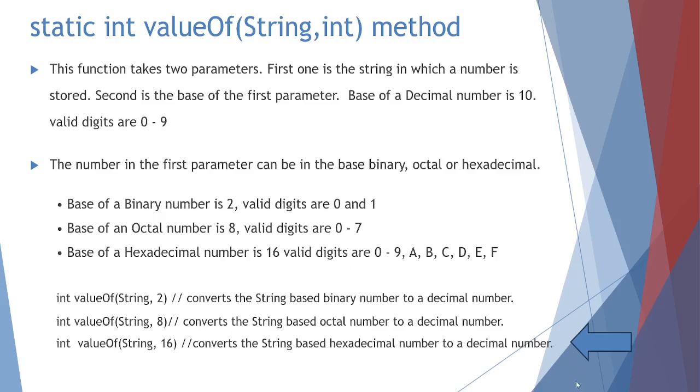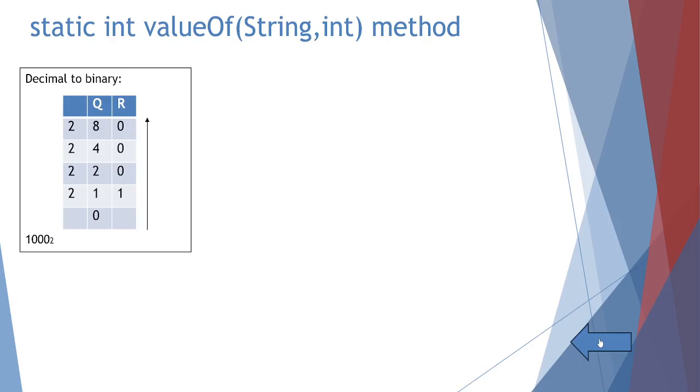Let us understand what this is about. Let's suppose we want to convert the decimal number 8 into binary. Binary means only 2 digits. So we divide 8 by 2 and write all the quotients in one line and remainders in the next line. 2 4s are 8, 4 is the quotient, remainder is 0. We continue dividing till we get the quotient 0.